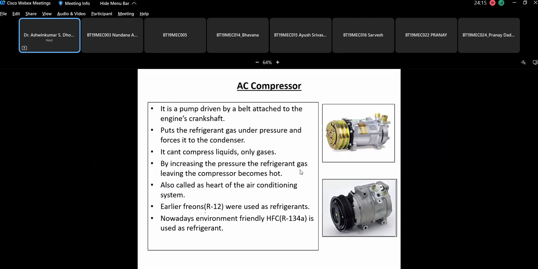Earlier, freon, that is R12, was used as a refrigerant. Nowadays, environmentally friendly HFC R134A is used as the refrigerant. So you need to design the compressor material such that it does not have any kind of reaction with this R134A gas. This is the general information about the compressor.